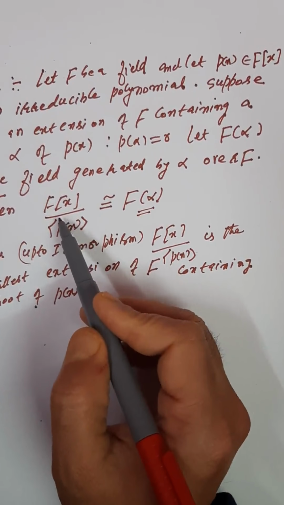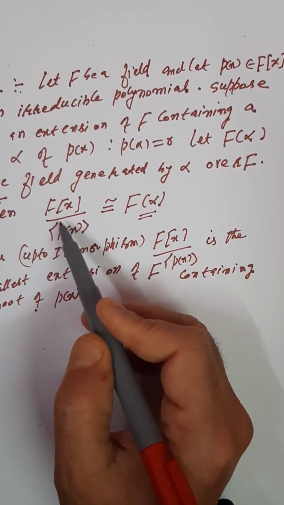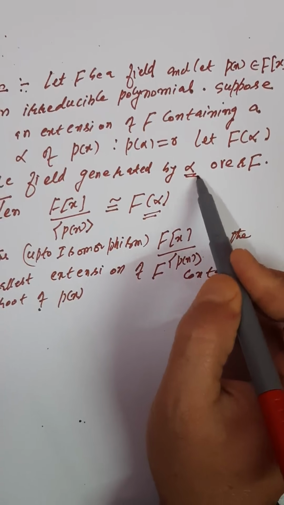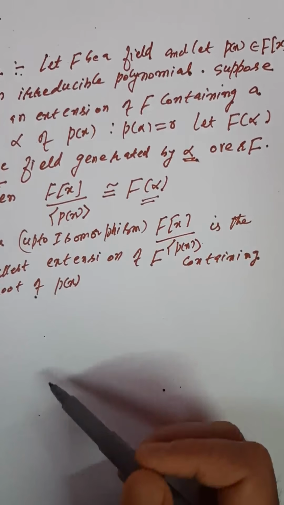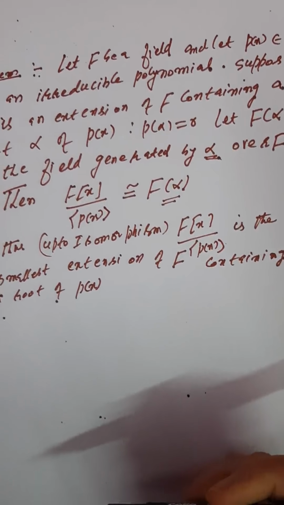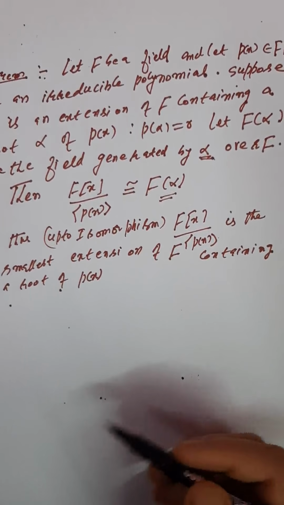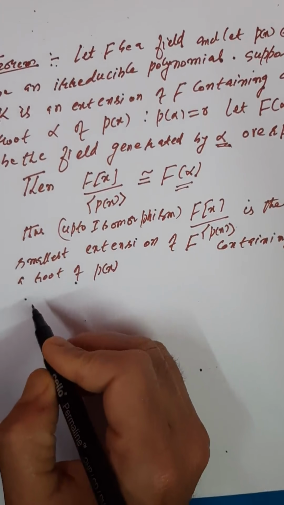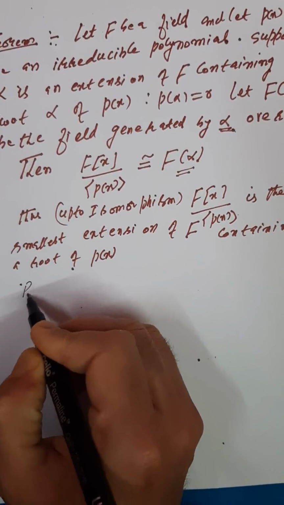So therefore it would be the smallest extension of F containing a root alpha of p(x). Okay, so we would prove that these two fields are isomorphic. So see how we would prove that they are isomorphic.